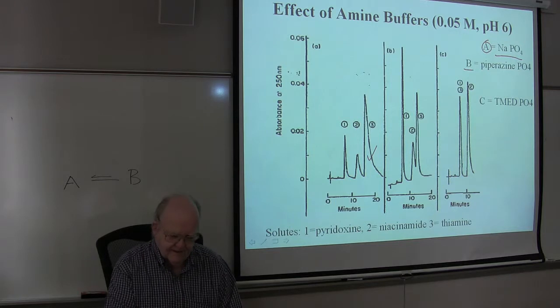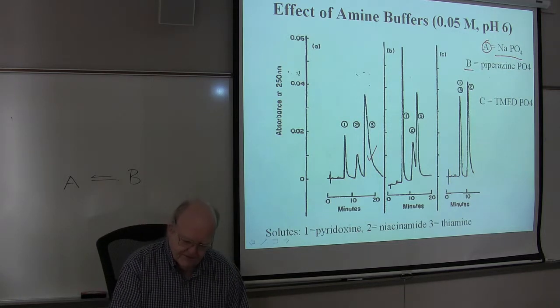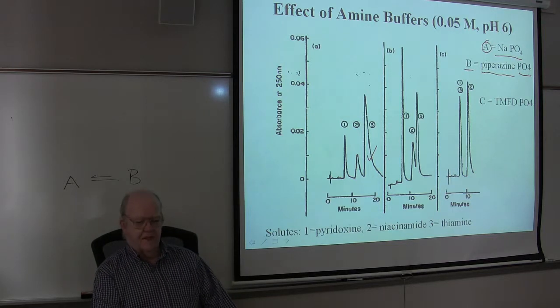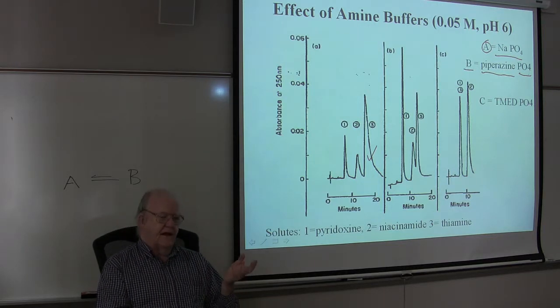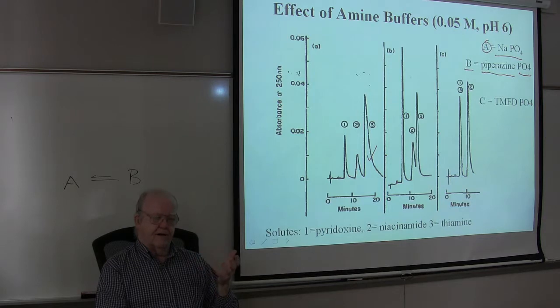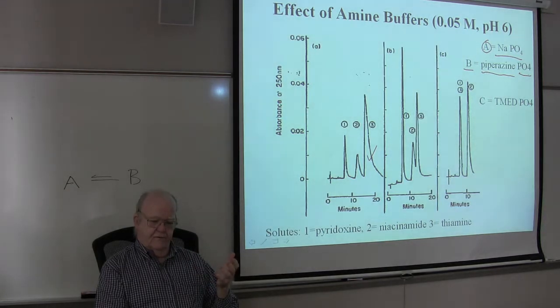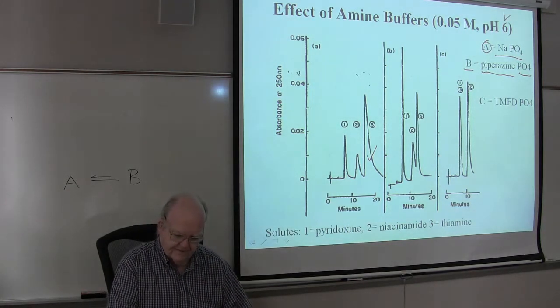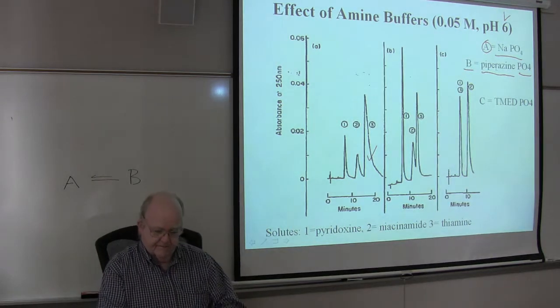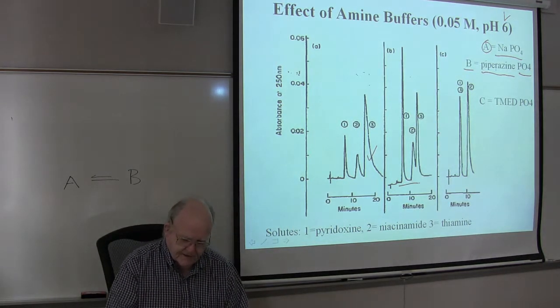In case B, the pH is the same, but they're using a piperazine phosphate buffer. Piperazine is an aliphatic amine. It has 1 nitrogen. At the pH we're running at, 6 here, this nitrogen is protonated. And you can see we get a much nicer chromatogram.